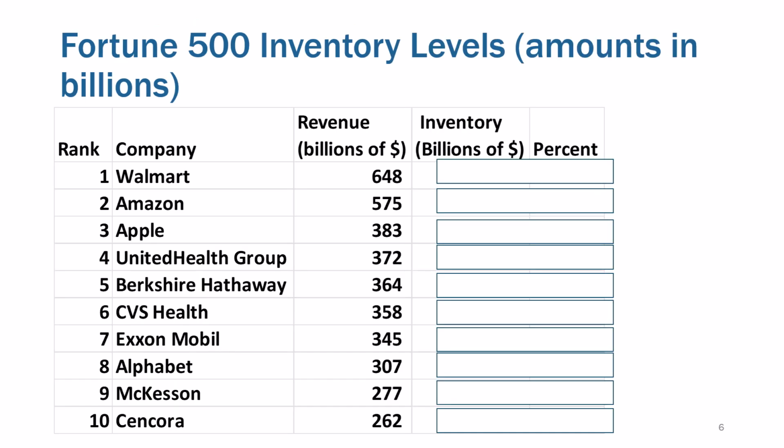Now I wanted to look at how this might differ in different industries. So what I did is I grabbed the Fortune 500 list and found the 10 biggest companies out there, and we have their revenues listed right there. There's Walmart with $648 billion, and they have roughly $55 billion of inventory, so 8.5% of their sales.